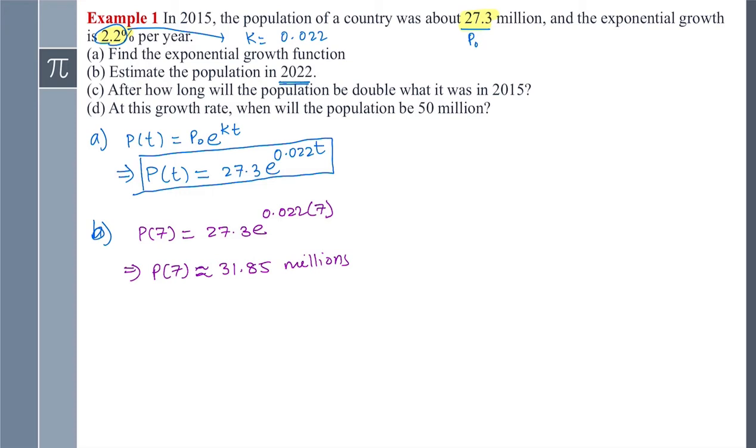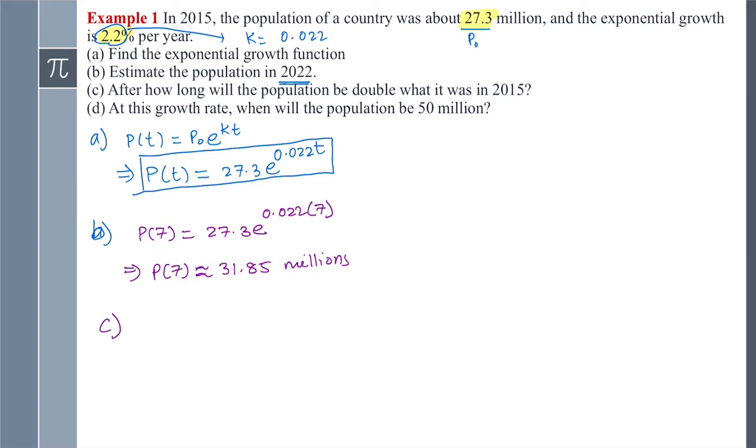So in 2022, the population with that exponential growth rate can be projected at 31.85 million. Now let's look at part C, which is asking after how long the population will be double what it was in 2015. In 2015 it was 27.3, and we need to find when the population is going to be double that.